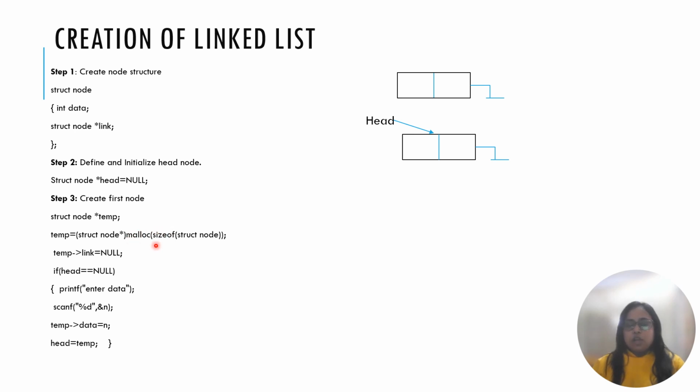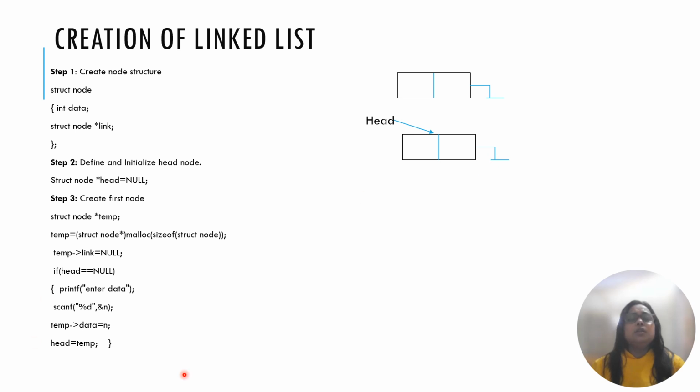As we know, when I discussed dynamic memory allocation, you know what the different allocation functions are, and to free the memory, free is there. So calloc, malloc, or realloc, these are the functions through which we can create the memory allocation. So temp = (struct node *) malloc(sizeof(struct node)), then temp->link equals null.